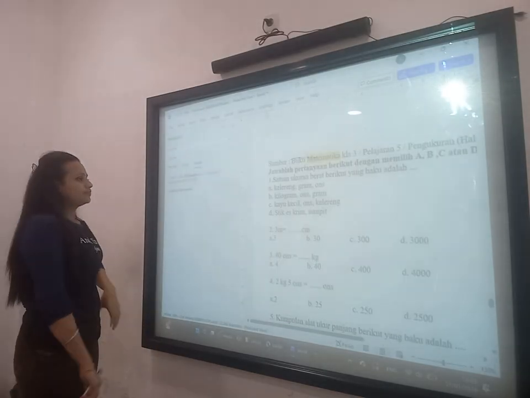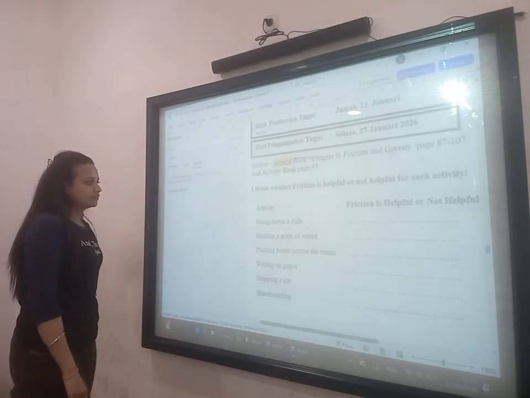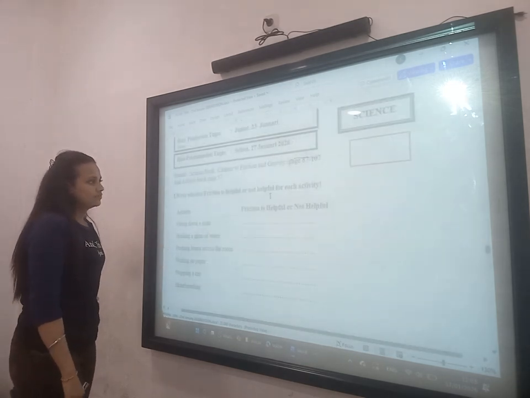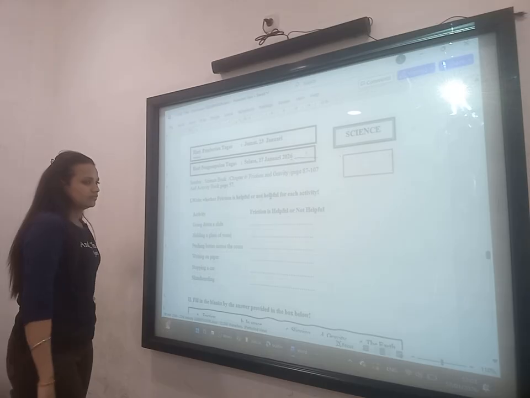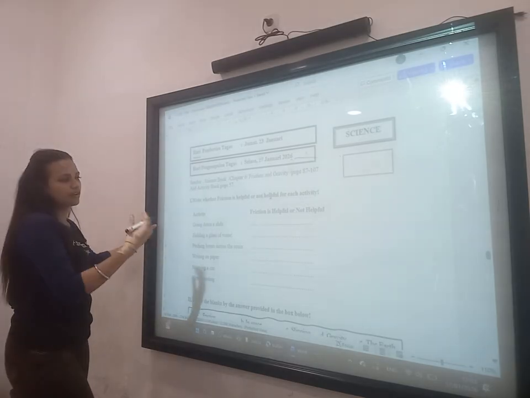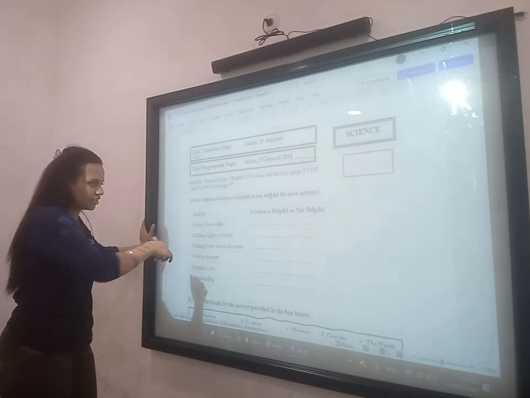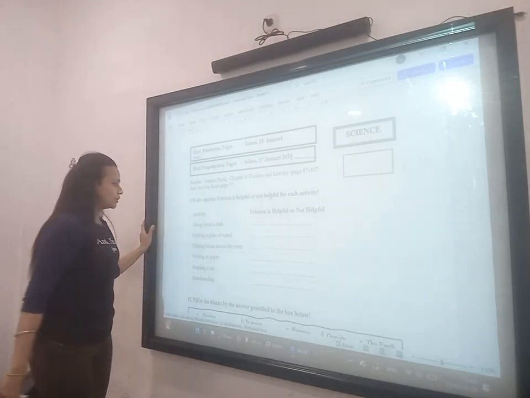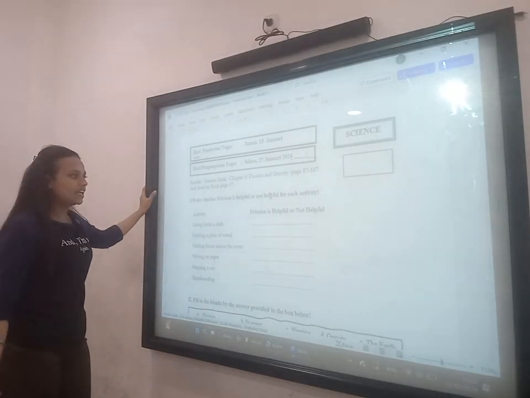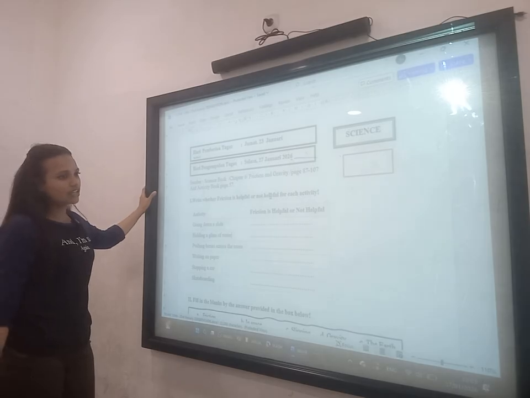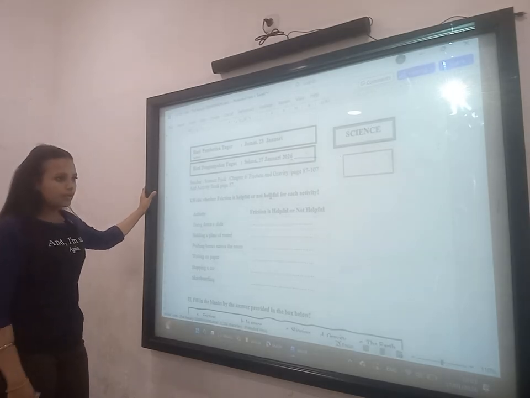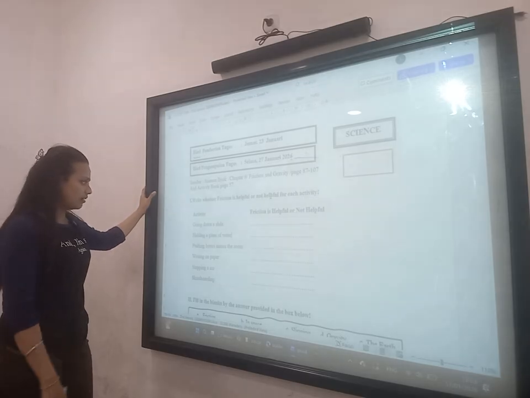Okay, next we go to science. Question number 1. Here we write down whether more friction is helpful or not helpful for these activities. Getting down a slide, it is not helpful because friction will stop the movement forward. Holding a glass of water, yes, it is helpful.